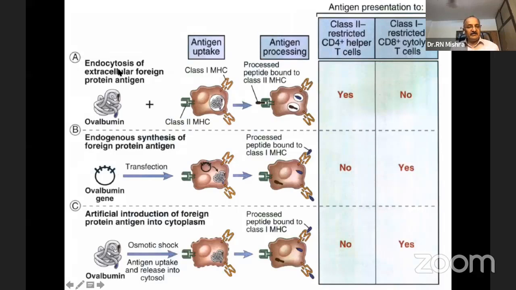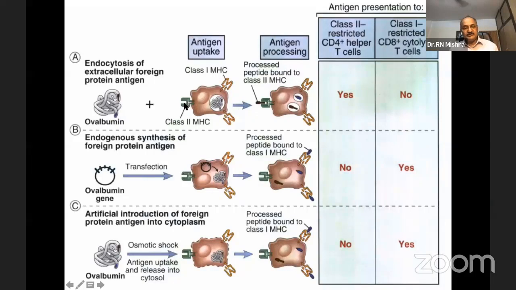If an antigen is taken up by the antigen presenting cell or the macrophage, it is processed in this vesicular compartment and then presented by class 2.